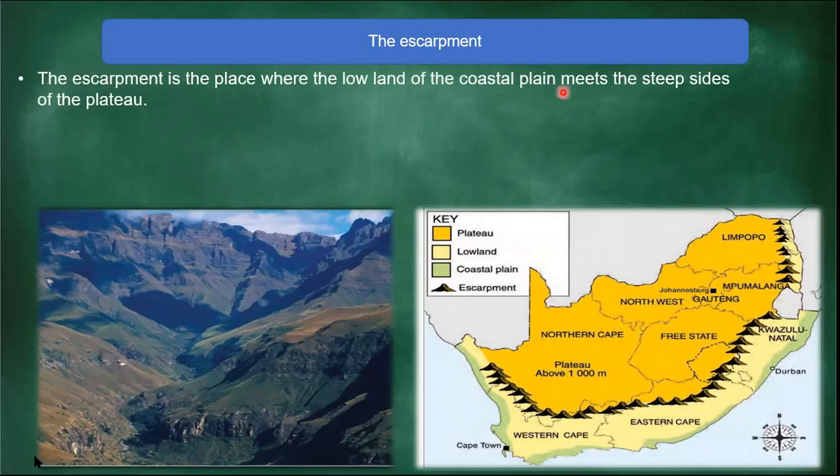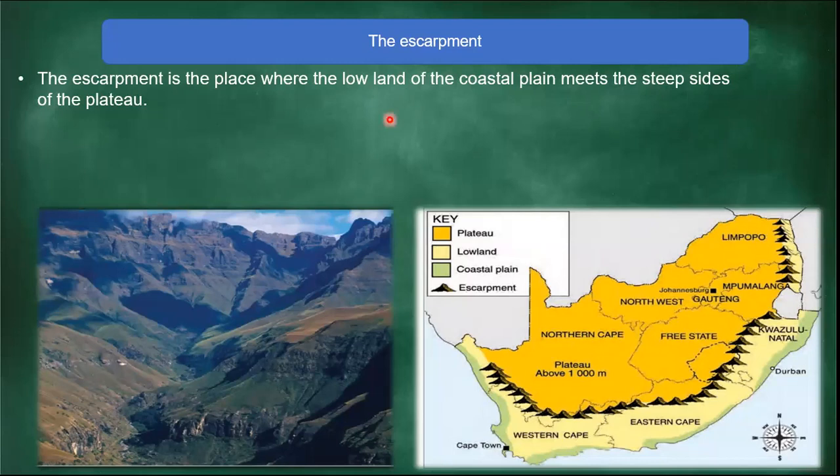The escarpment is the place where the lowland of the coastal plain meets the sides of the plateau. This that I'm pointing on the map is the lowland, and it meets the steep sides of the plateau.